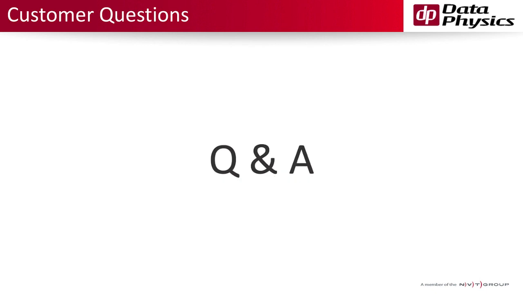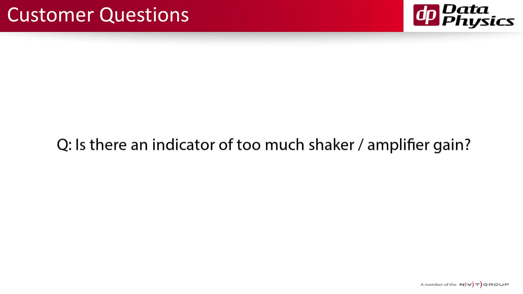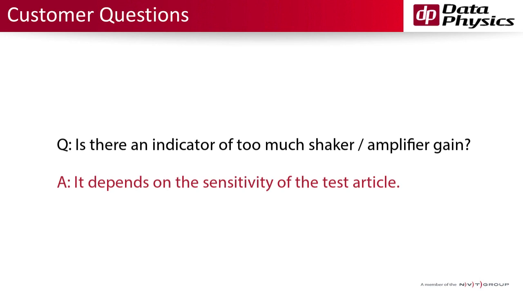All right, have another question here. Using an example of raising the gain to overcome low frequency problems, is there an indicator of too much shaker gain, too much amplifier gain? The only indicator of too much amplifier gain really depends on the sensitivity of your test article.